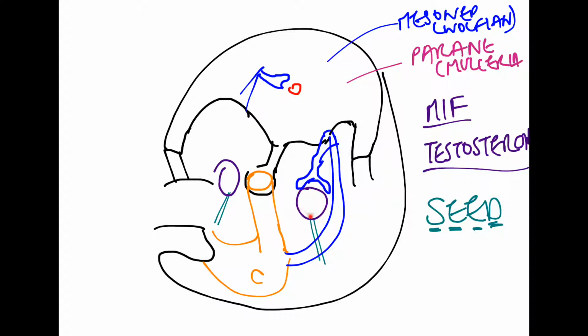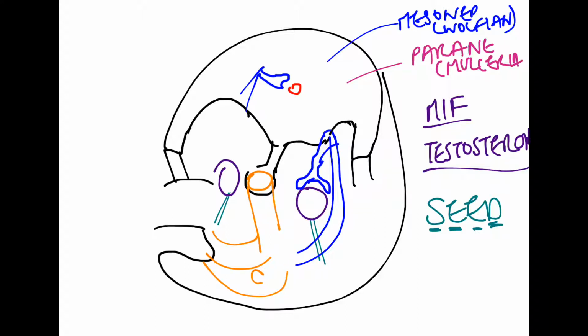We have our testes, and then we have our mesonephros helping form the seminal vesicle, epididymis, ductus efferentis, and vas deferens. Okay, now we know that our vas deferens needs to drain into the seminal vesicle to form the ejaculatory duct, and just like in the female, the cloaca needs to split into the rectum and the urethra.